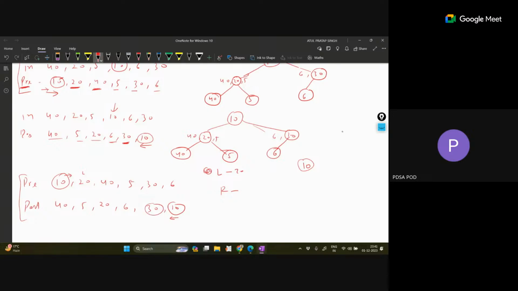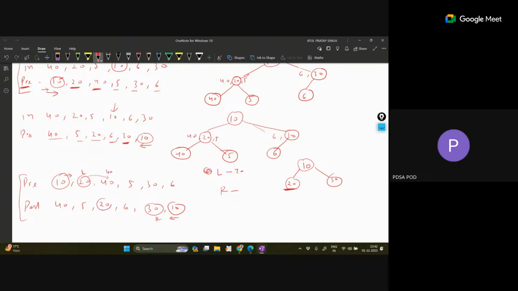Okay, so this node is selected like this. So this is R, this is L. So we will add in this manner. So we will add this 20 on the left and 30 on the right. So same things. Now we will check for 20. So if you see the 20, you have this left value 40. Okay, 40.